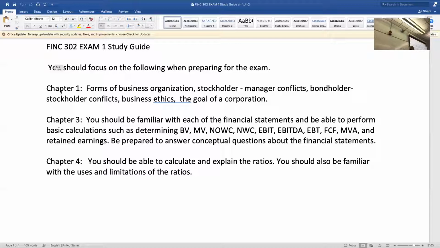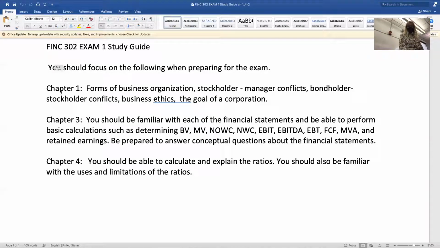The net operating working capital is current assets minus current liabilities minus notes payable, because you don't include the interest-bearing liabilities. What about excess cash? No, you're not going to be asked about excess. Okay.